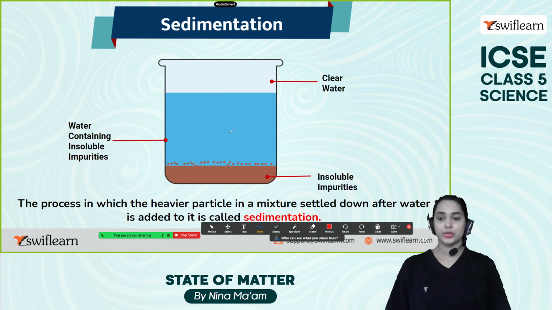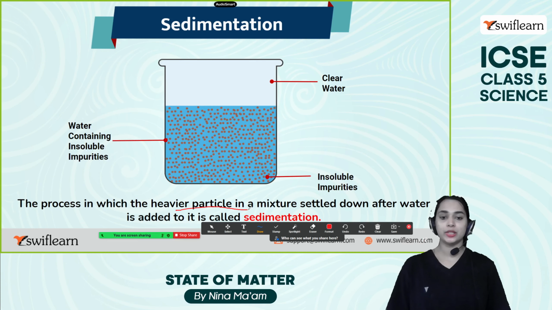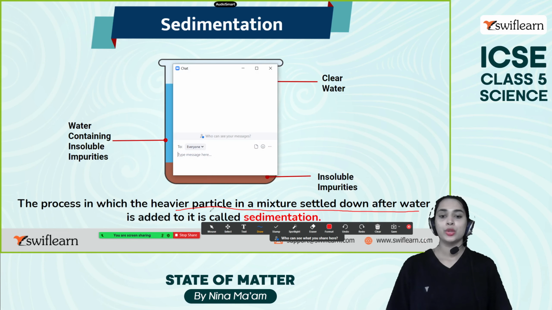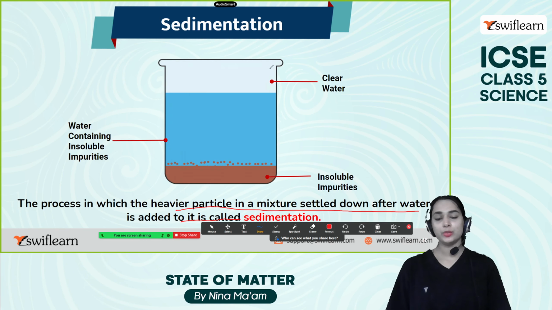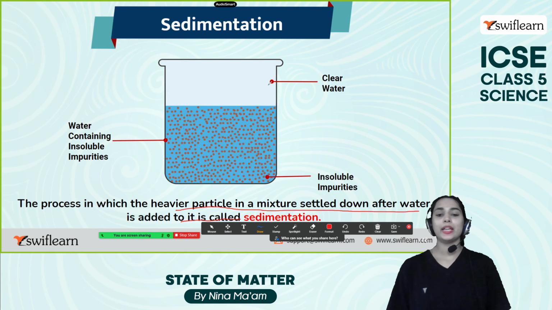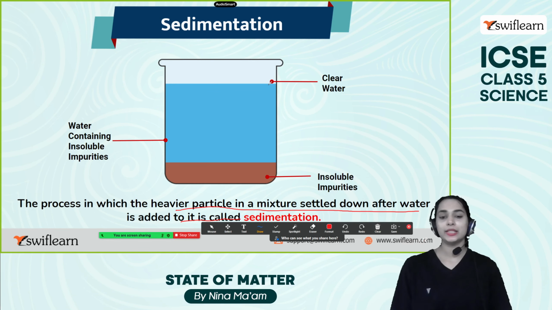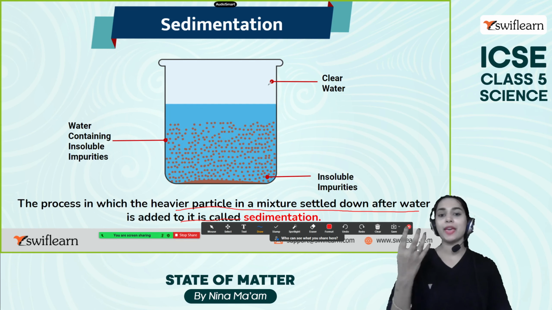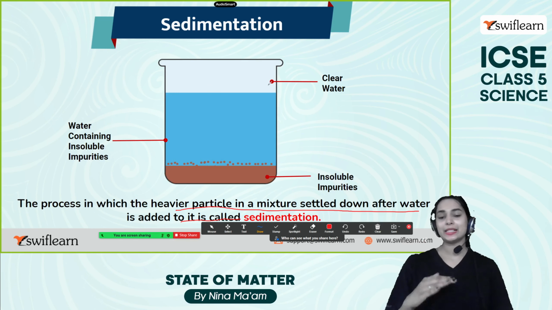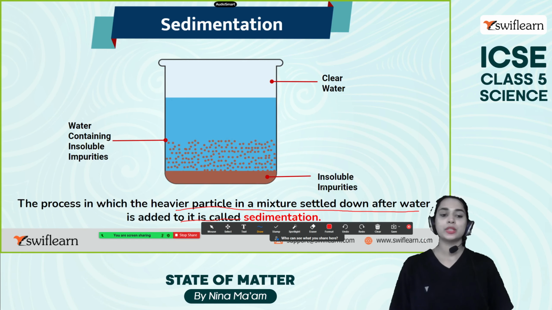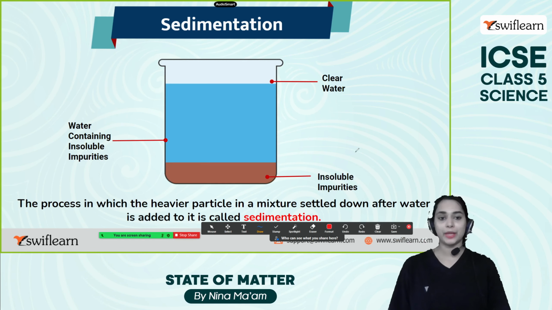So when we put the heavy particles in the mixture, they settle down after water is added, and that is called sedimentation. When you take a container and put particles such as sand or wooden particles, after some time we can see that the heavier particles will settle down underneath the container. So that is known as sedimentation.